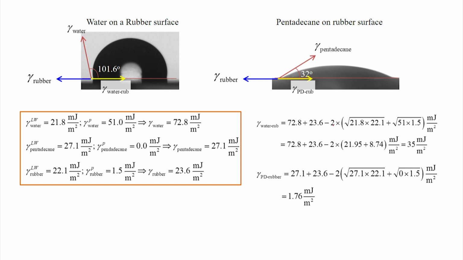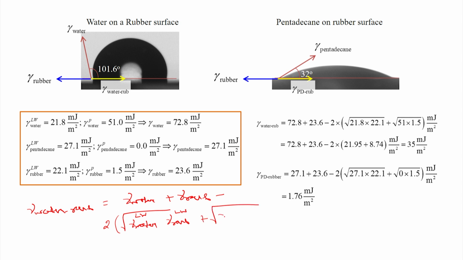Actually I have not written it, but let me write the formula here. So gamma water-rubber will be equal to gamma water total plus gamma rubber total, minus 2 into square root of gamma water LW component times gamma rubber LW component, plus gamma water polar component times gamma rubber polar component. That is the way it is. So you write it this way.